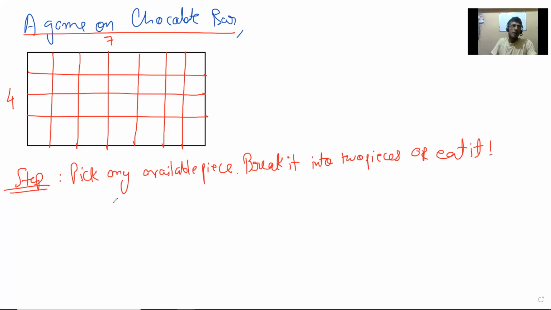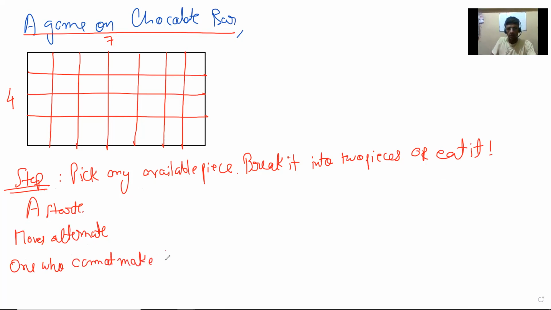Okay. So what was the game? 2 players. A starts. Moves alternate. What was the condition? The one who cannot make the last move loses.